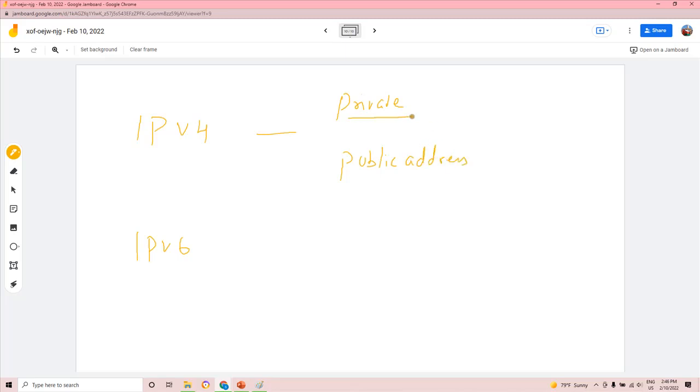A private address means an address allocated by a DHCP server within a local area network. A public address is allocated by the ISP provider. For example, from Omantel you can get a public address.